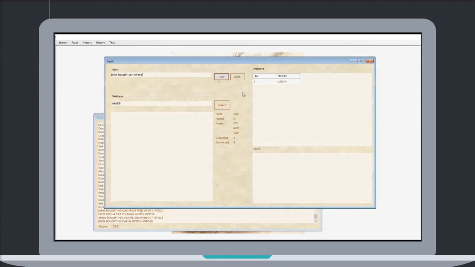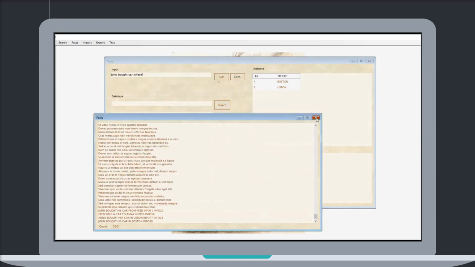The last question here, and now the answer is Boston. You see, it didn't take long for the system to adapt its response to the new fact that it learns. And this happens while already knowing much more information than this. So, as you can see, this had little impact on the performance and the quality of the responses.